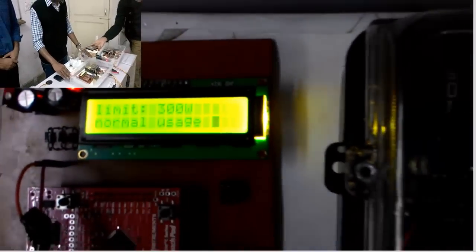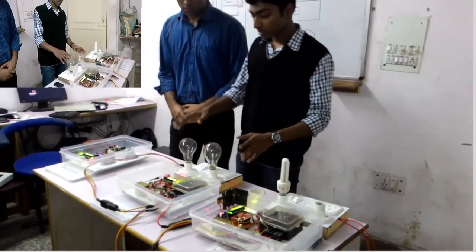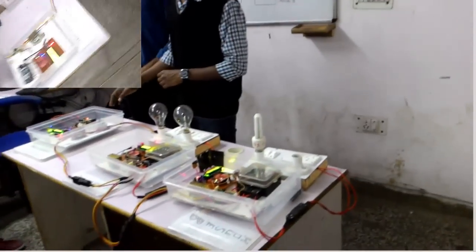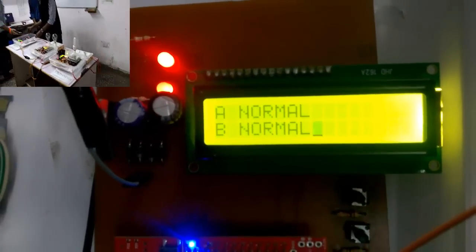Similarly, at house A, the same is the case here. It's a residence house, 300 watt usage limit and normal usage showing. The same information is being transmitted here at the transformer side where it's showing that A is normal and B is also normal.